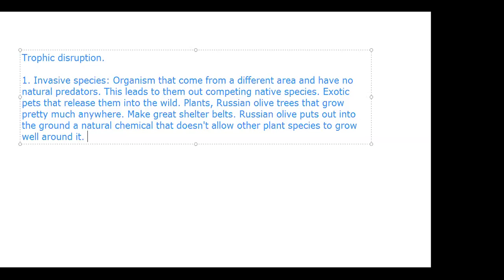The leaves also contain these chemicals, and as those leaves decompose either into the soil or into the streams, it will cause big problems for the organisms that live there and essentially make it so that only Russian olives can survive. So Russian olives, they grow fast, they grow strong, they grow anywhere, good for a lot of things. They make a great shelter belt out in the middle of eastern Montana.